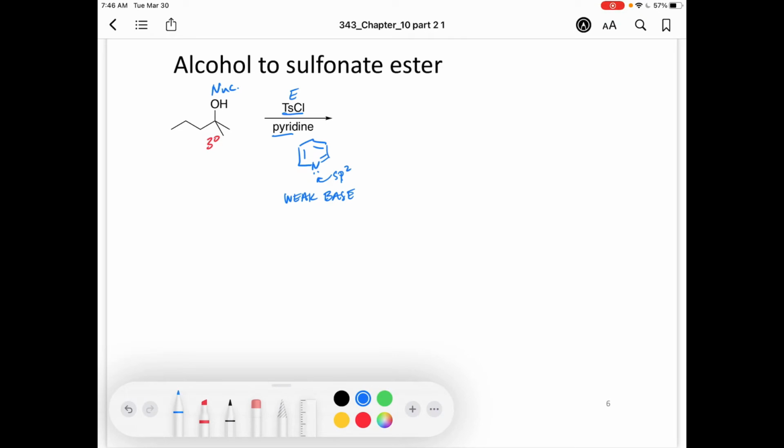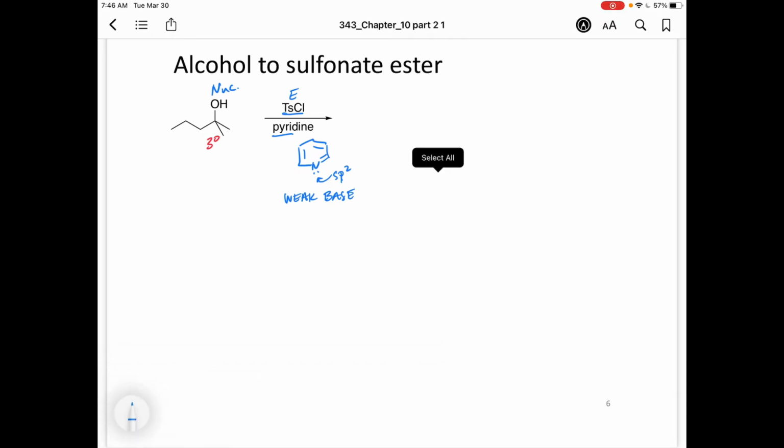All right, let's walk through the mechanism. So we're going to take our alcohol and we're going to attack this tosyl chloride. So tosyl chloride looks like this. It's called tosyl chloride because of toluene.